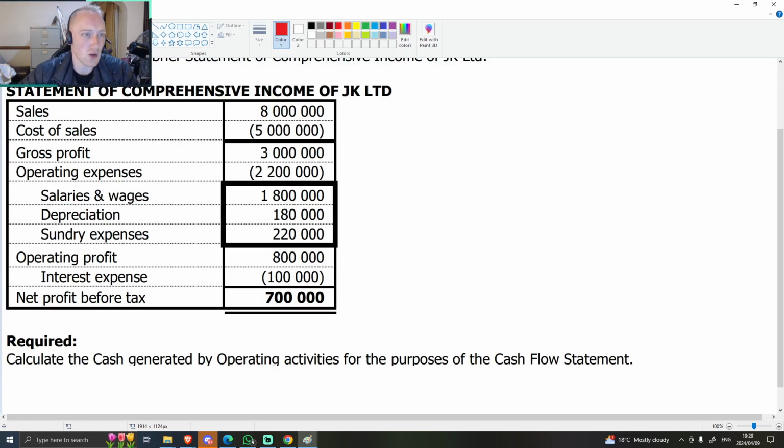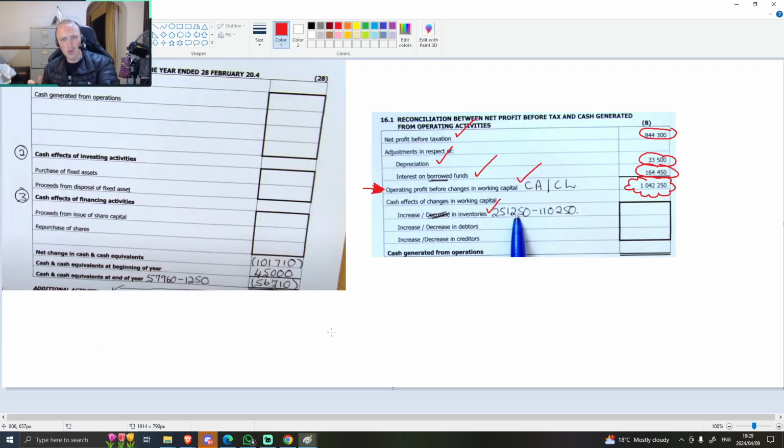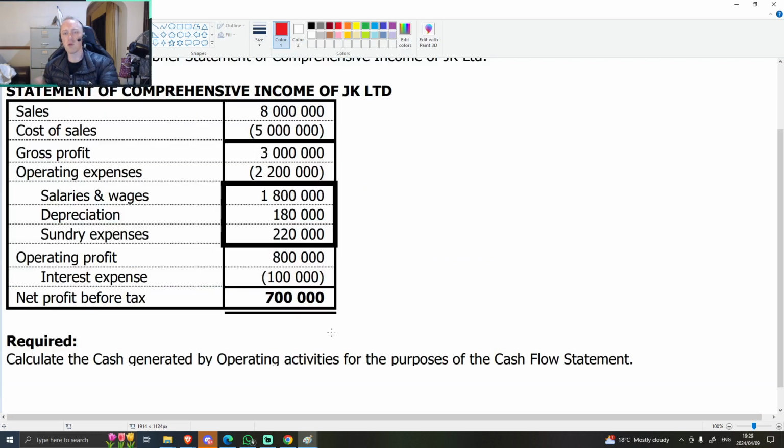Sorry, I'm not sure if I told you last time, but the information that they provided us with was an income statement, also called the Statement of Comprehensive Income. And it says, again, calculate the cash generated from operating activities for the purpose of cash flow statement. And given this information, it's clear that all we need to show is the operating profit before changes in working capital.